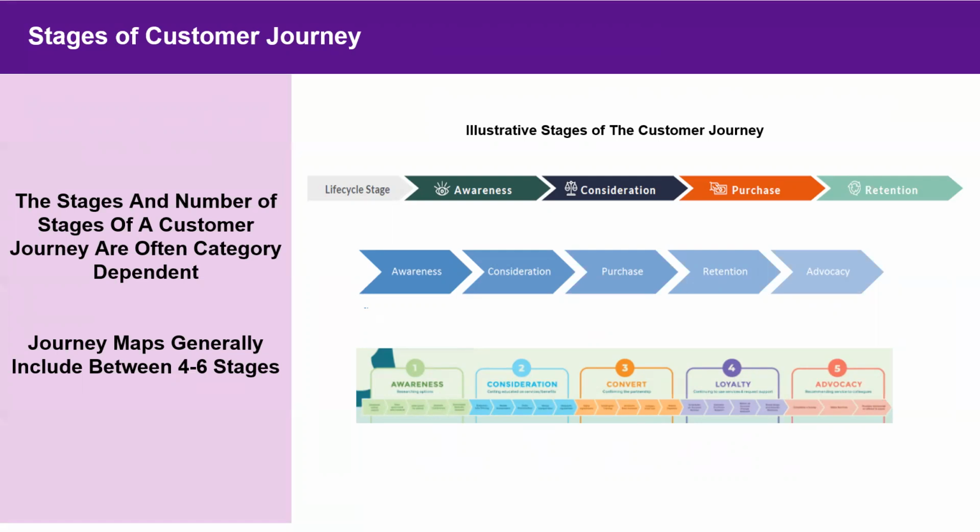In general, you have an awareness phase, a consideration phase, a purchase phase, a retention phase, and then an advocacy phase. Are your customers willing to recommend your product? What's your NPS score? All of those types of metrics falling in that latter phase. But in general, a journey tends to have between 4 and 6 stages.